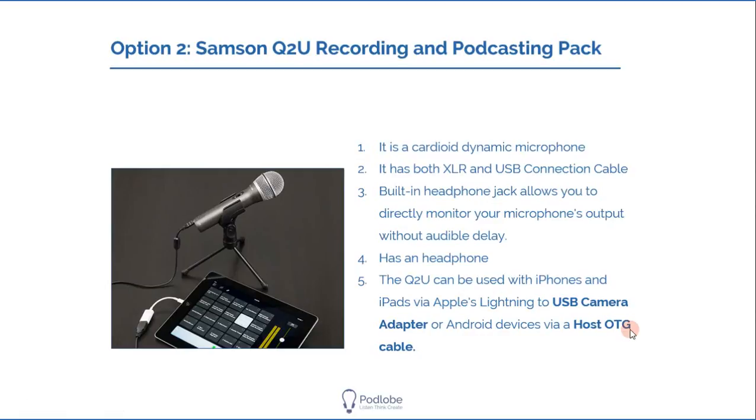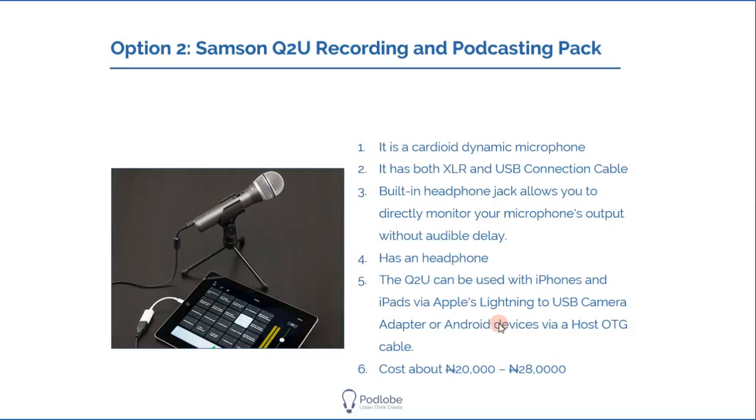Now, the OTG cable is also something like this, except that the mouth is different, where it connects to your Android device, and you're good to go. You're recording on the move. You're outside there, and you can record with your microphone and your iPod.